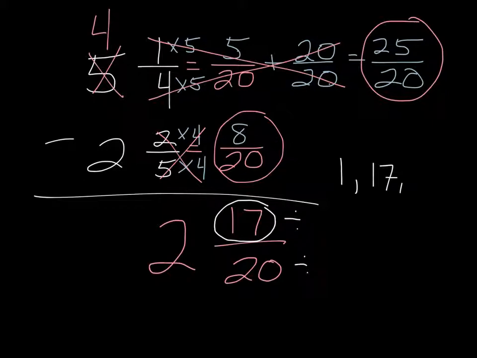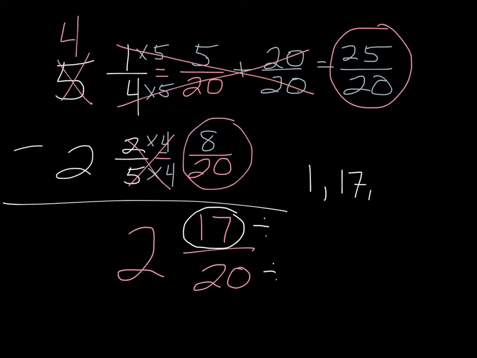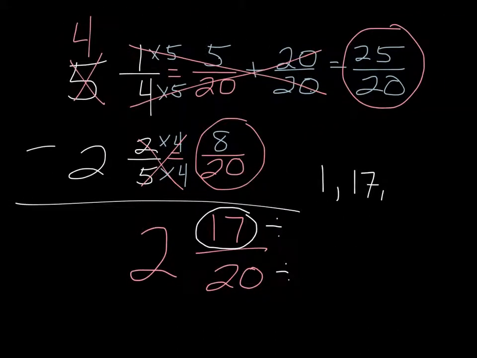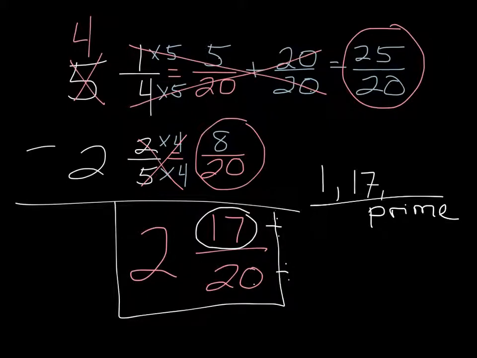There are not. And that makes this number a special kind of number. We call that number prime. And once you have a prime number in your fraction, it's unlikely you could simplify it unless 17 will go into 20, and it will not evenly. So therefore, our final answer is right here, 2 and 17/20.